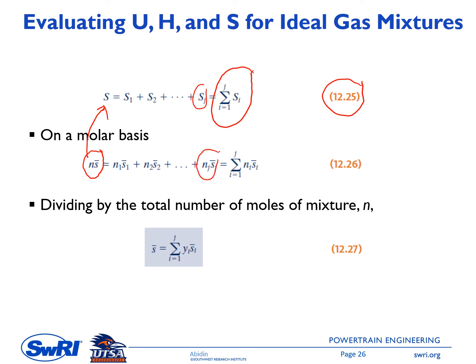And then if we divide each term in this equation 12.26 by the total number of moles of mixture, which is n, then you will get equation 12.27. So you can see in here that the entropy of the mixture is the sum of the mole fraction times the entropy of the corresponding component. So the component here is from component i through component j.